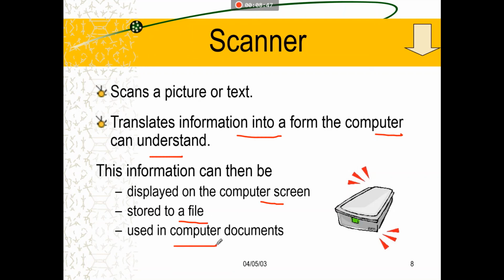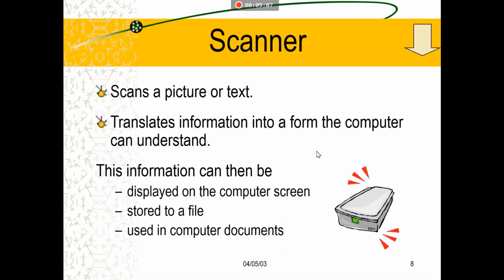So the scanner scans the information and translates it in such a manner that it can be stored in a file format used in computer documents, and it can be displayed on the screen itself.